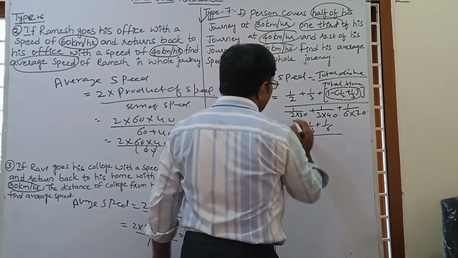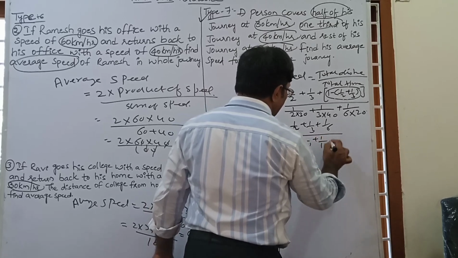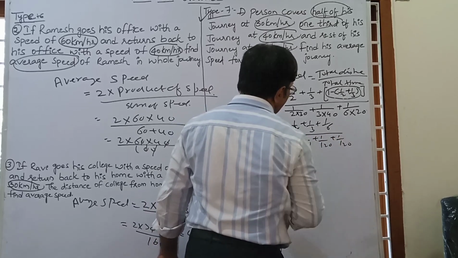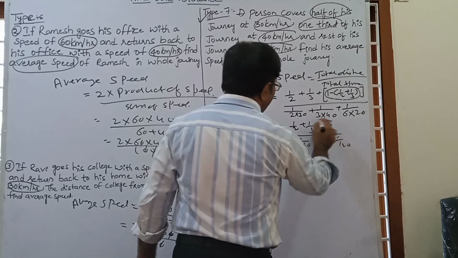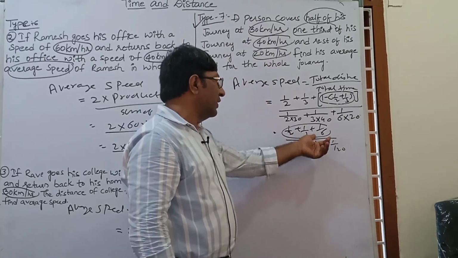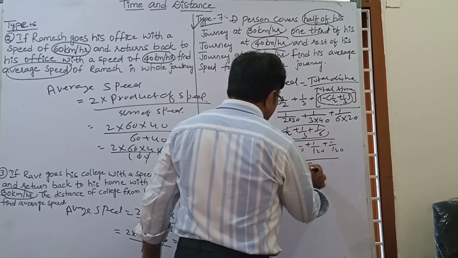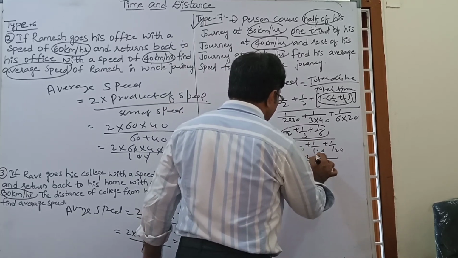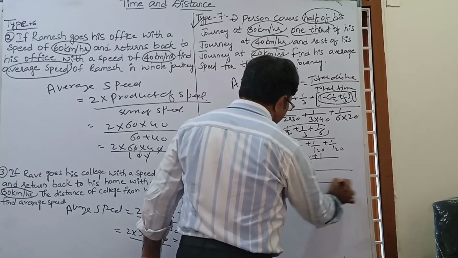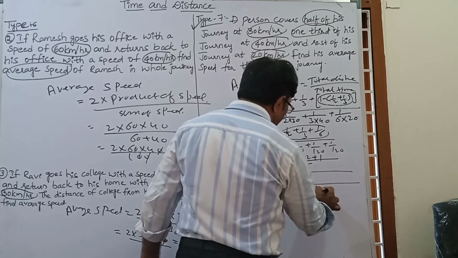And now this is 2 into 30, that is 1 by 60, then 1 by 120, and this is 1 by 120. So now if you add the distances, this is half plus 1 by 3 plus 1 by 6. The LCM will be 6, so 2 threes are 6, 3 twos are 6, and 1. In the same way, the LCM of 60, 120, 120 will be 120.